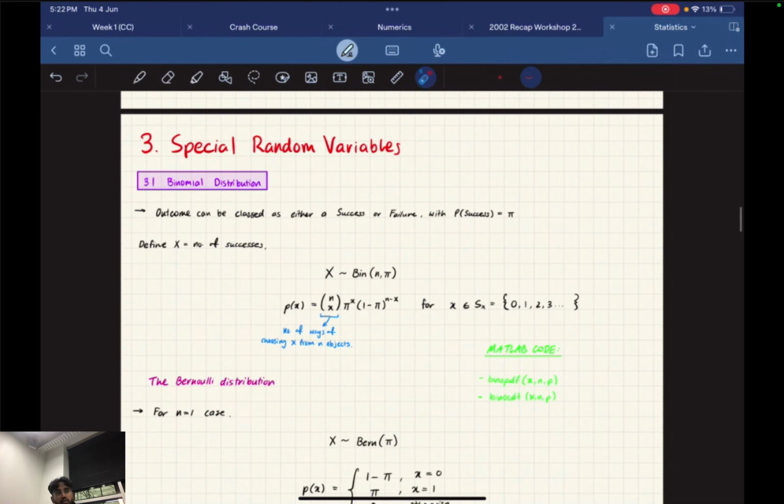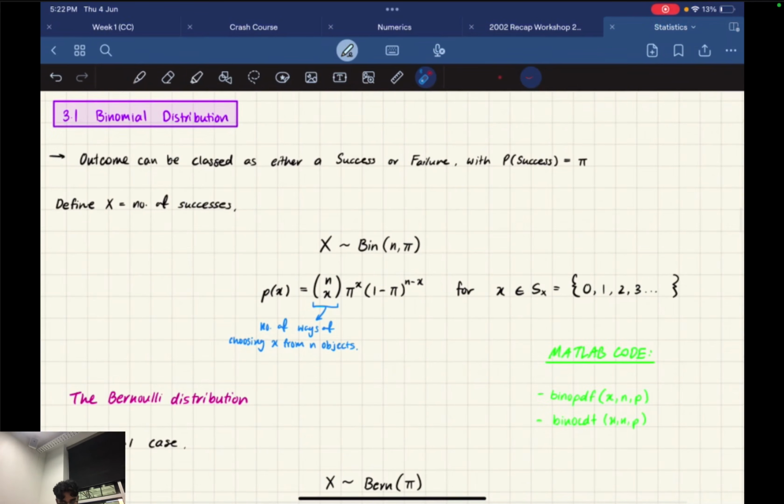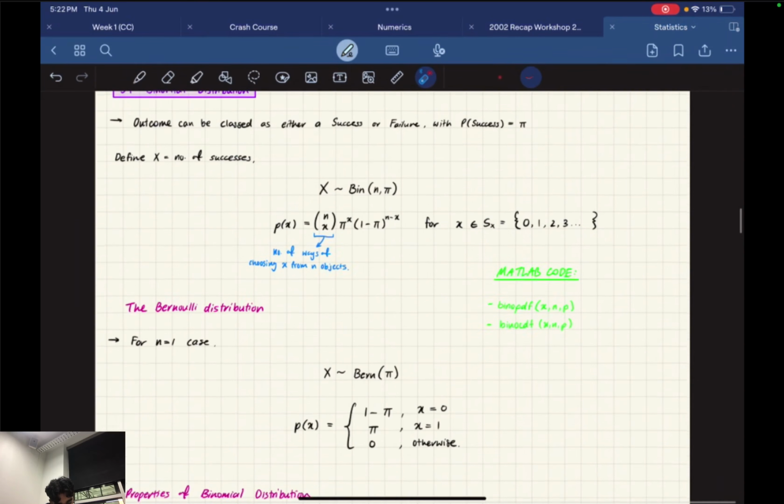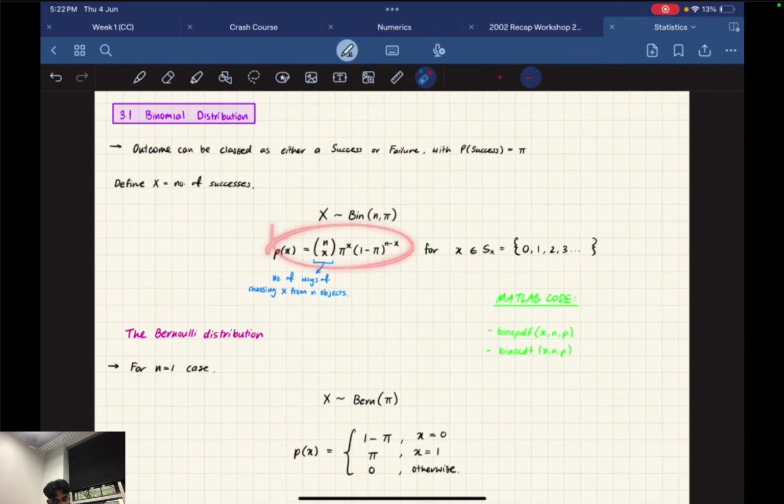Special random variables. So now we're talking about different kinds of distributions. Earlier I was looking at normal distributions. Now I'm going to take a look at binomial distributions. So binomial distribution is when there's two cases: heads, tails, red, green. If there's only two different outcomes, right? So success or failure. So we define this distribution as binomial like this, and then to find our probability of a certain thing, we're going to have to use a bit of combinatorics.